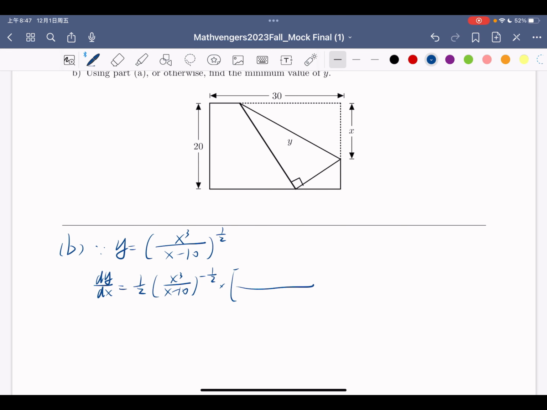So this is (x minus 10) squared, and 3x squared times (x minus 10) minus x cubed times 1. Okay, after simplifying, we get the first derivative for this function is (x minus 15) over x times (x minus 10) to the power of 1 over 3.